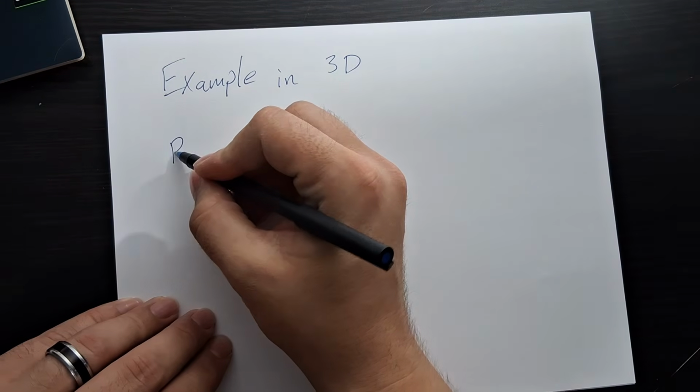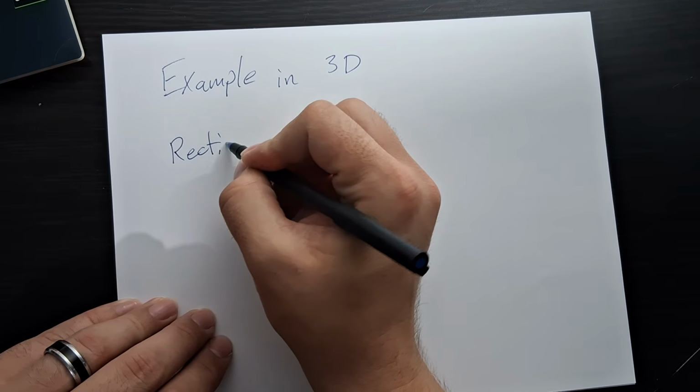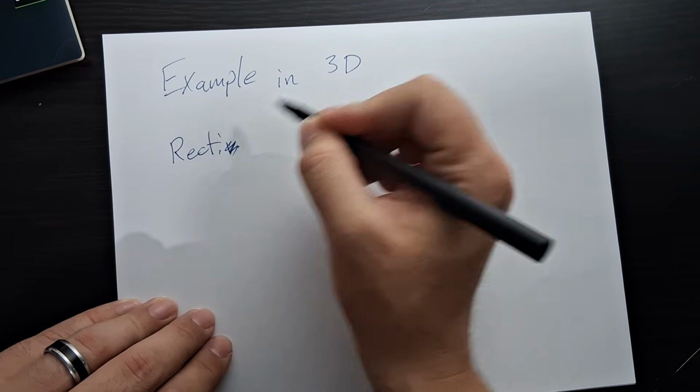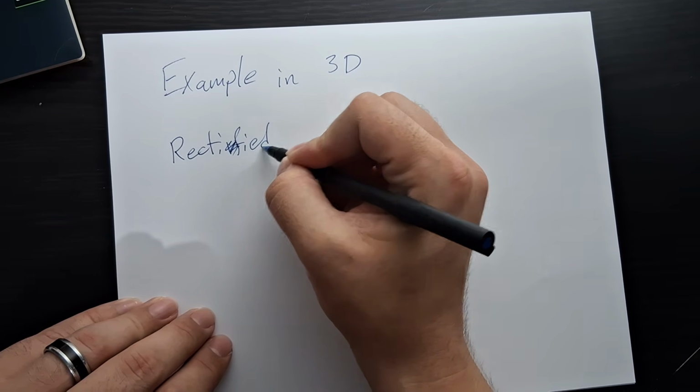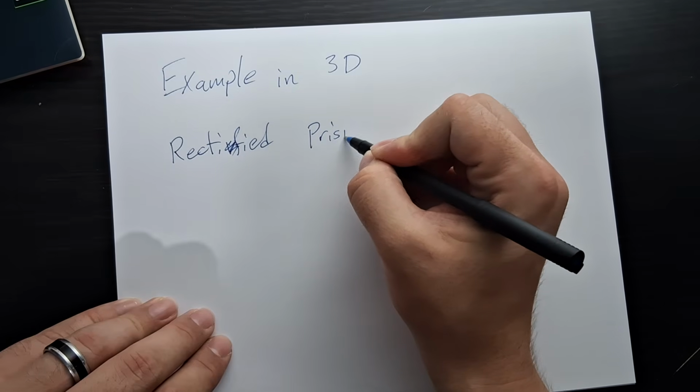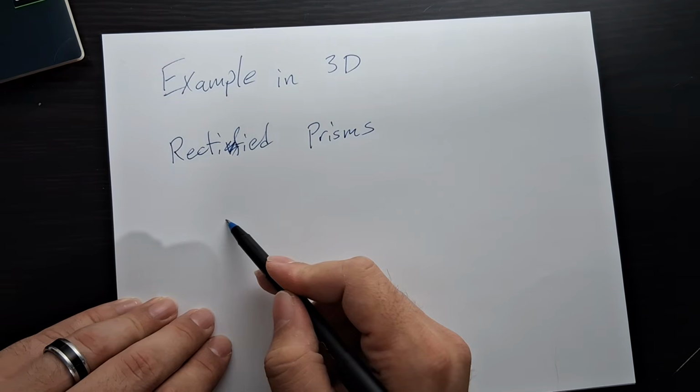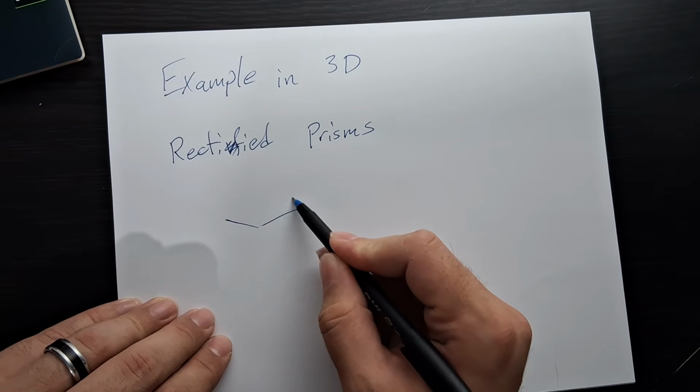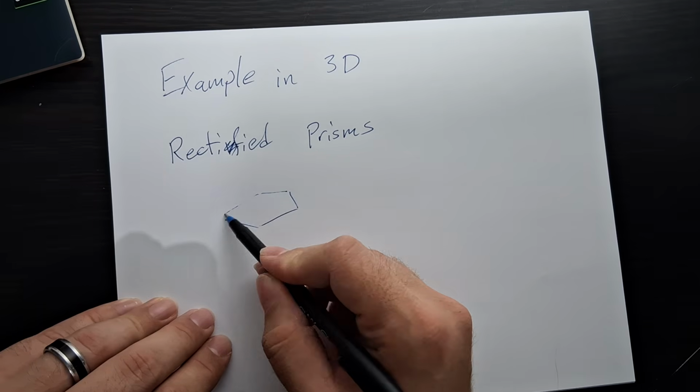I think it's Pack. Actually, I can look it up. But the example here comes from rectified prisms. If I can spell rectified prisms. So if we take a prism, what does rectifying a prism mean?